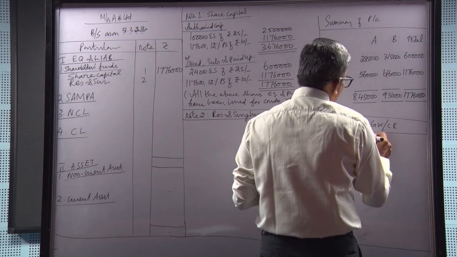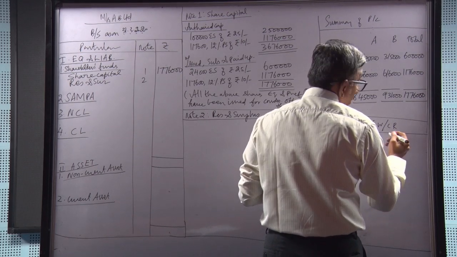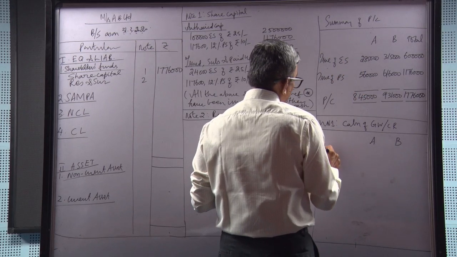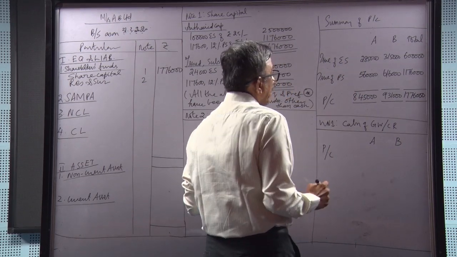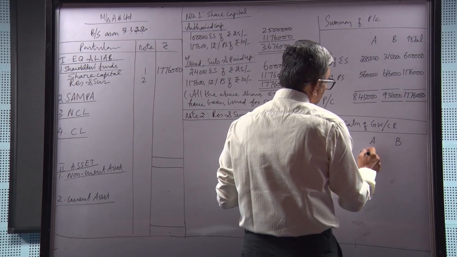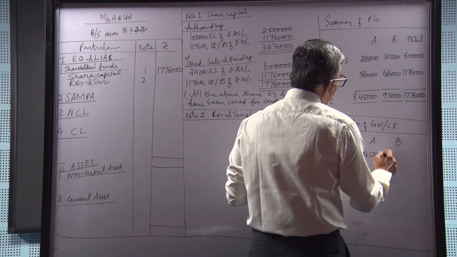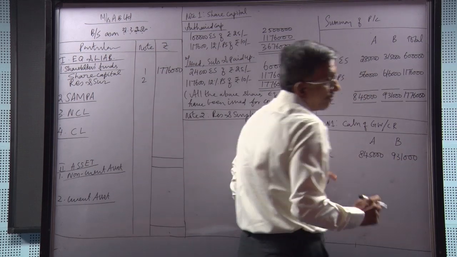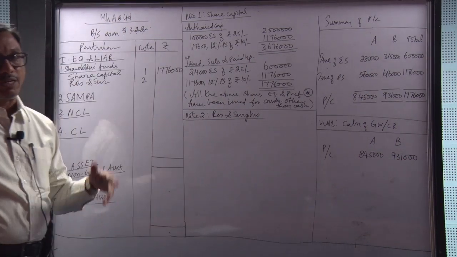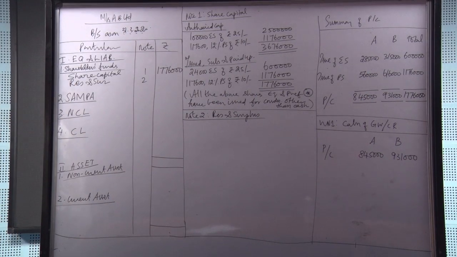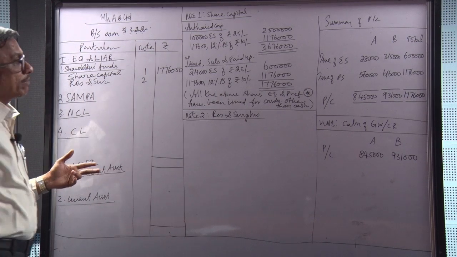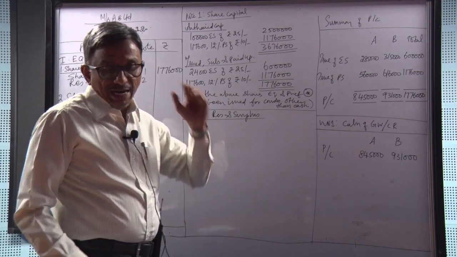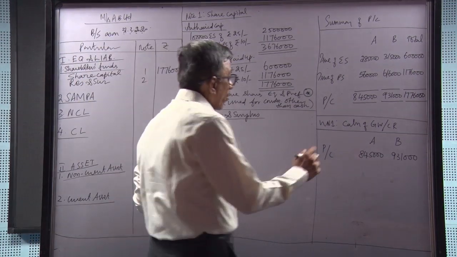See, we already know the purchase consideration. For A, it is 8,45,000. For B, 9,31,000. Since it is a purchase, we have to compare this with the net asset. Net asset is nothing but assets minus liabilities. Already we have calculated that in the form of capital employed.